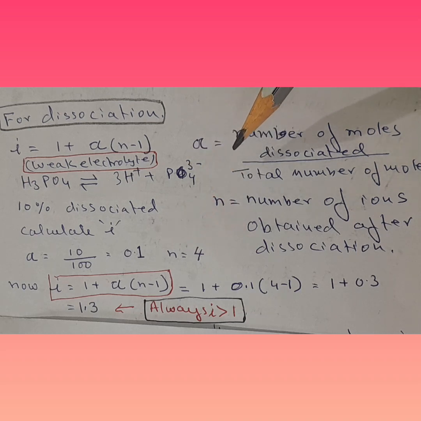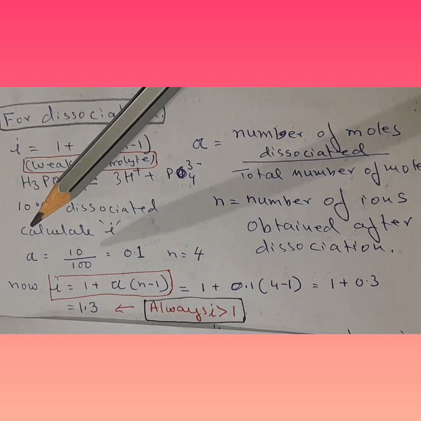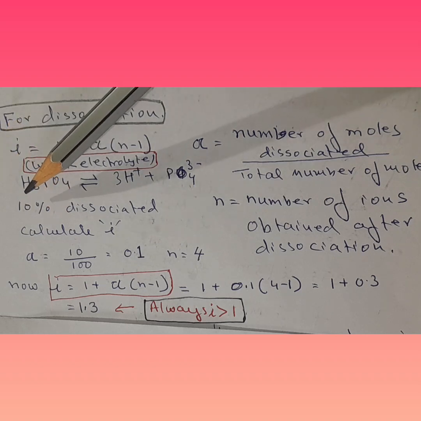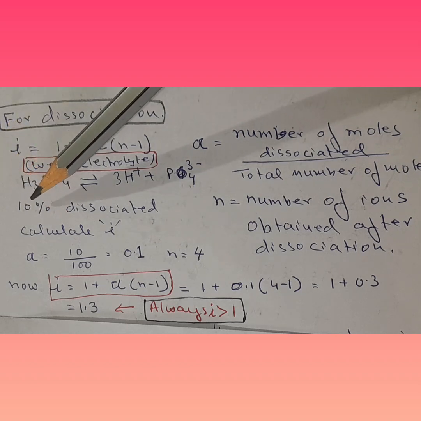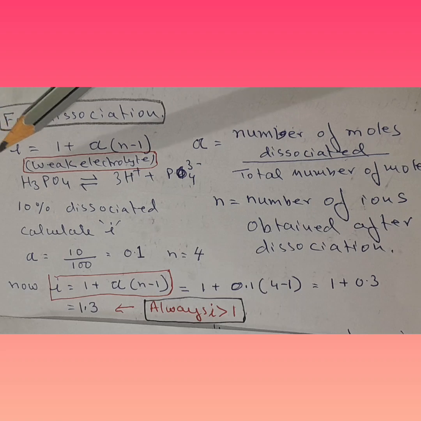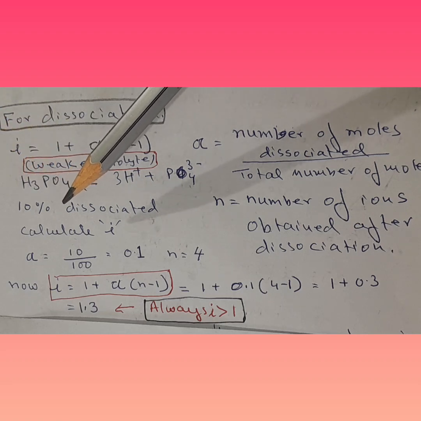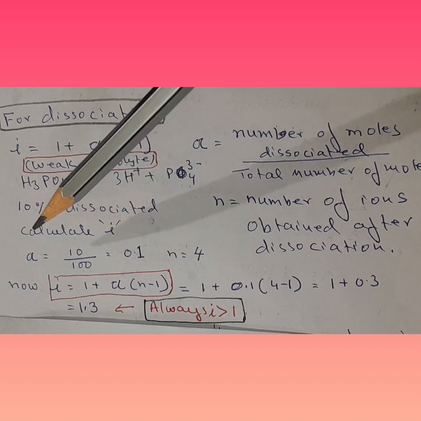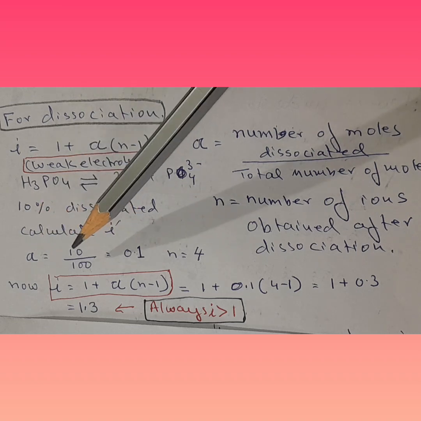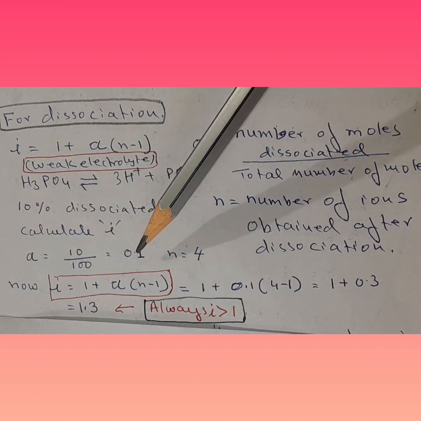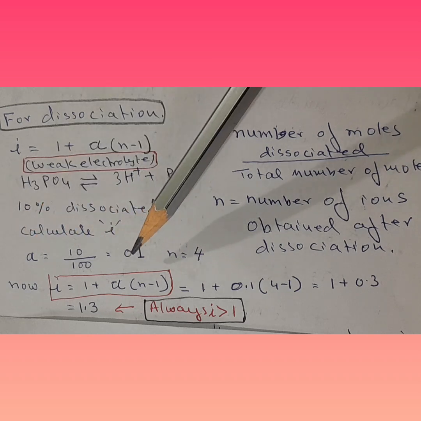And degree of dissociation is the number of moles dissociated upon the total number of moles. Here it's mentioned that it dissociates 10%, meaning if there are 100 moles of phosphoric acid, only 10 moles have dissociated. So alpha is 10 over 100, that is 0.1.